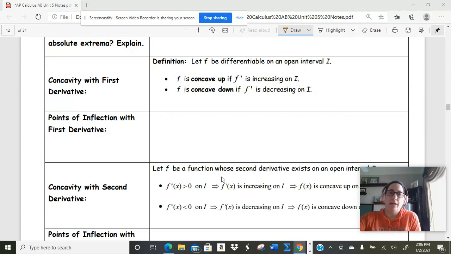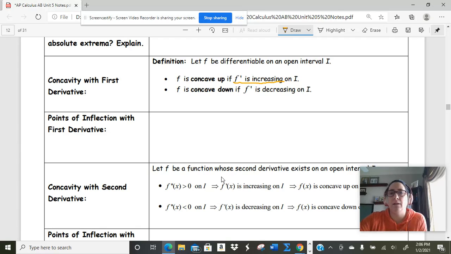So if I know that f prime is increasing, then I can say that f is concave up. If I can say that f prime is decreasing, then f is concave down.